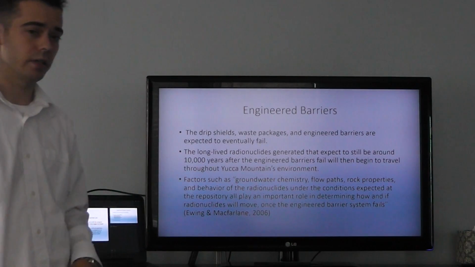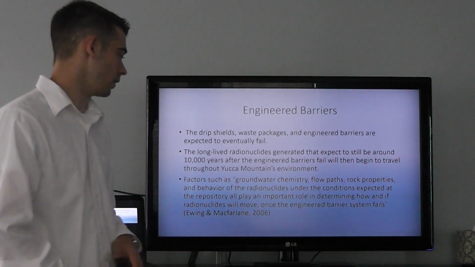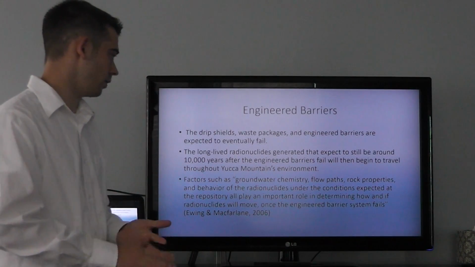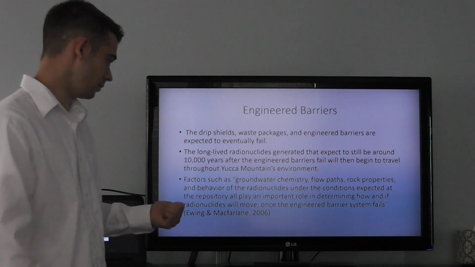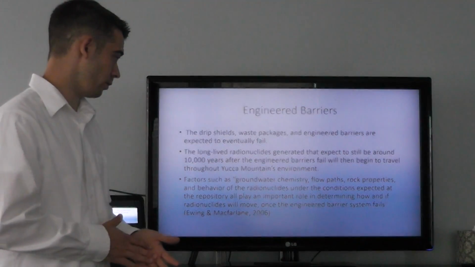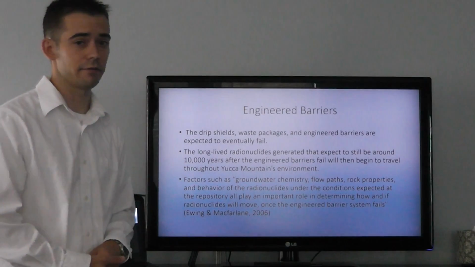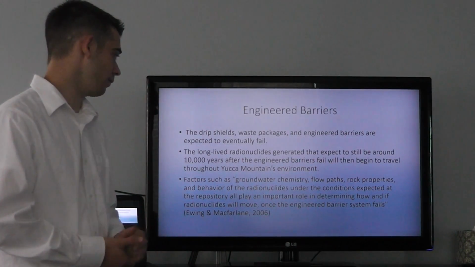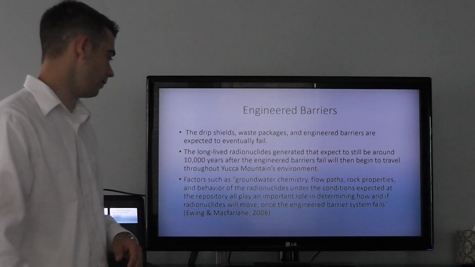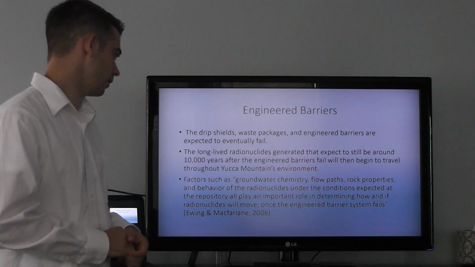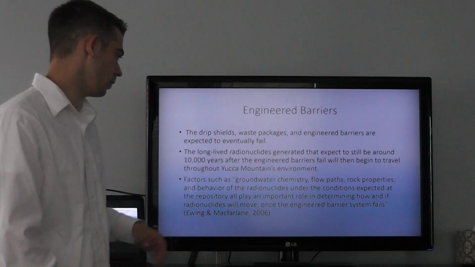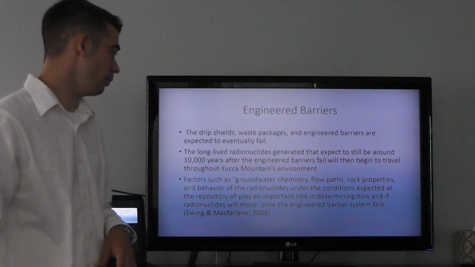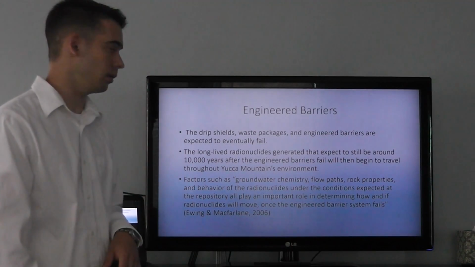Let's go a little bit more into the engineered barriers. The drip shield, waste packages, and engineered barriers are expected to eventually fail. The long-lived radionuclides that are expected to still be around 10,000 years after the engineered barriers fail will then begin to travel throughout the Yucca Mountain environment. Factors such as groundwater chemistry, flow paths, rock properties, and behavior of the radionuclides under the conditions expected at the repository all play an important role in determining how and if the radionuclides will move once the engineered barrier system fails.